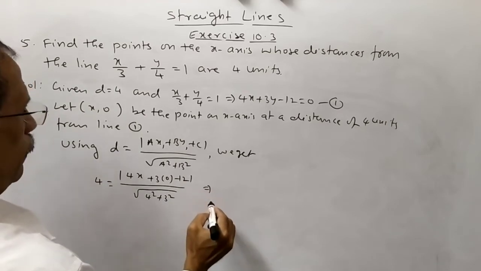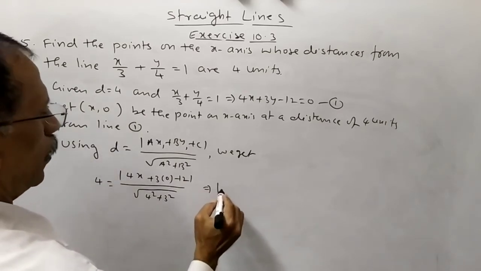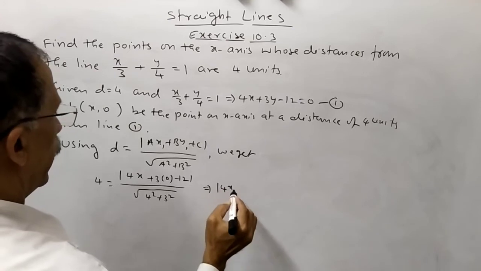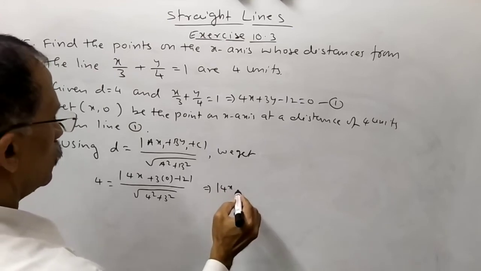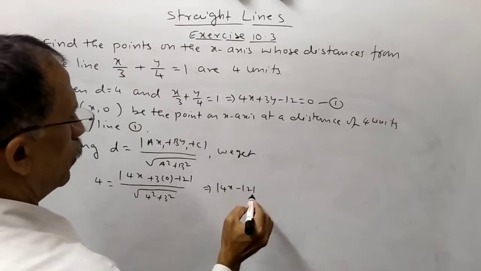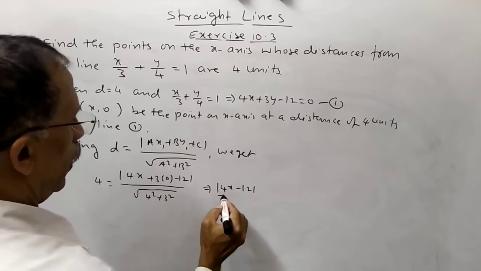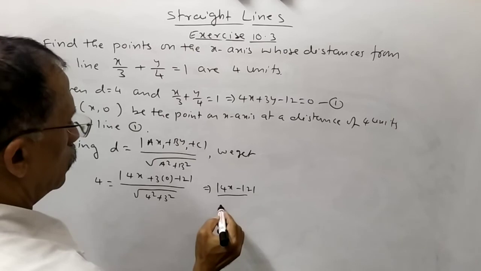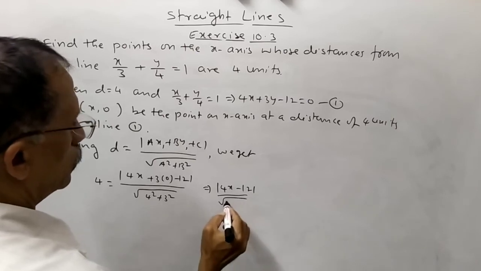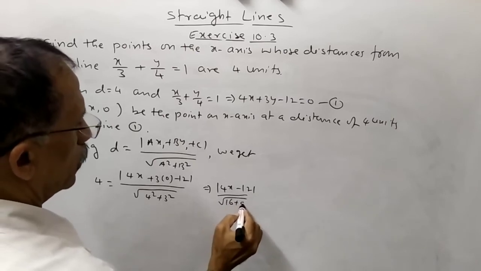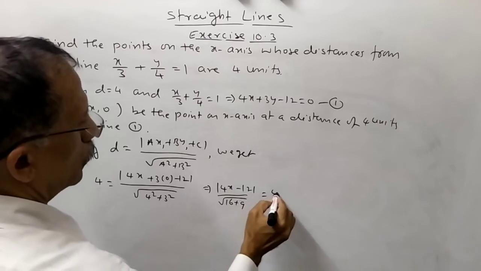This implies absolute value of 4x minus 12 divided by square root of 16 plus 9 is equal to 4.